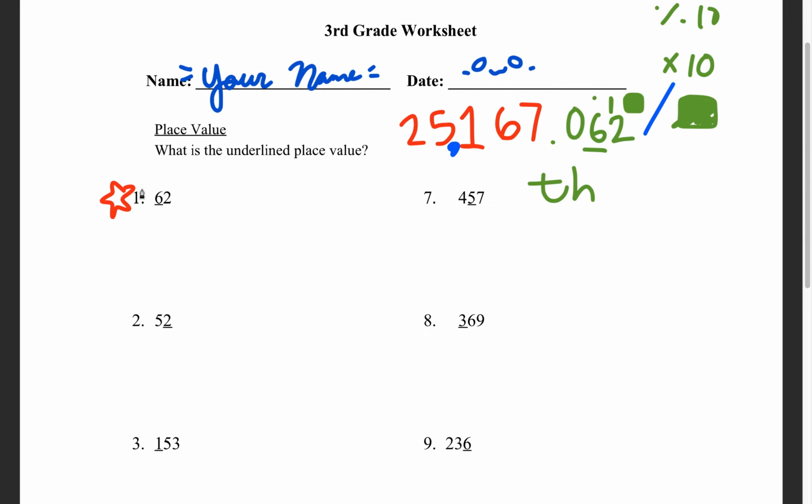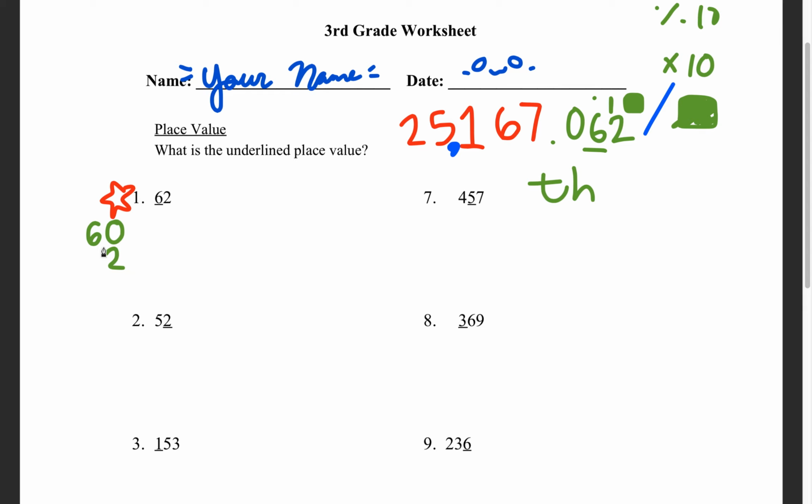We're going to look at this. What is the underlying place value of 62? So they're identifying 6. So what I like to do is that I like to put the first number here and the second number on the bottom and I replace that with a 0. Well, if you put that in addition, that works, right?